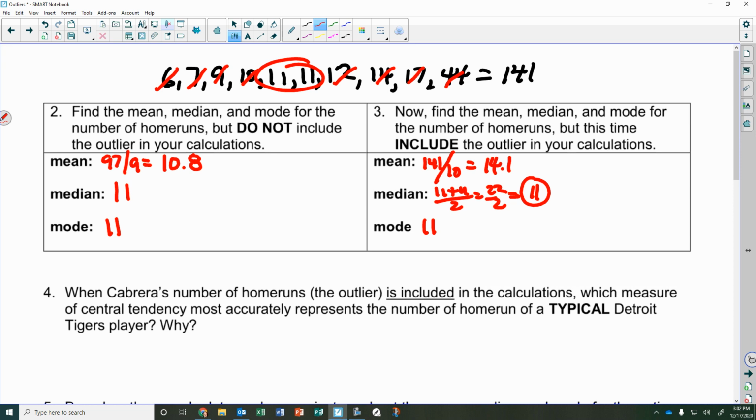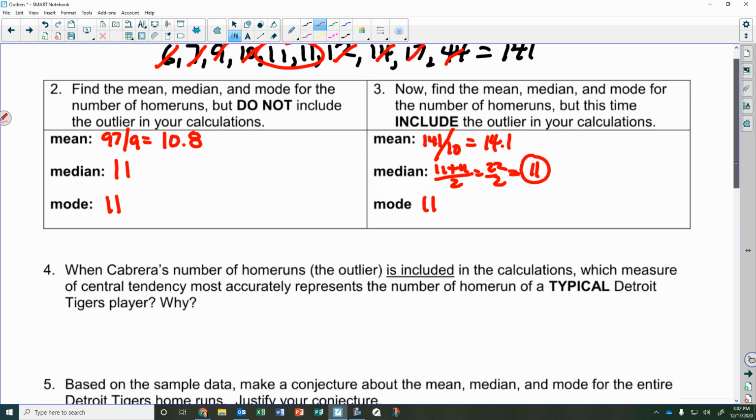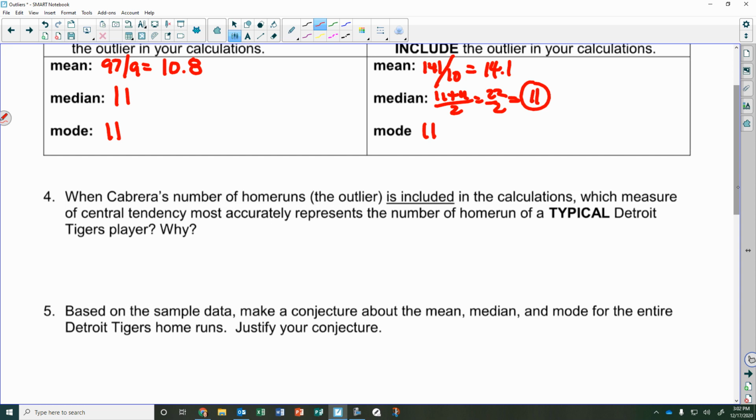The mean changes. So it says when Cabrera's number of home runs, the outlier, is included in the calculations, which measure of central tendency most accurately represents the number of home runs of a typical Detroit Tigers player and why? Well, that would be the median.